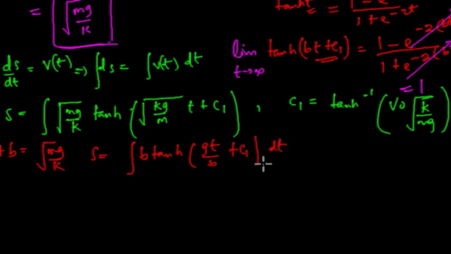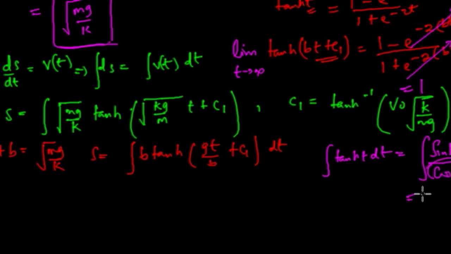So when we integrate this, another thing you need to note is integrating the tangent. Just to be sure you've not forgotten, the integral of tan t dt is the same thing as the integral of sine t all over cosine t dt. And since when you differentiate cosine of t you have sine of t, this is going to give you minus the ln of the cosine of t.